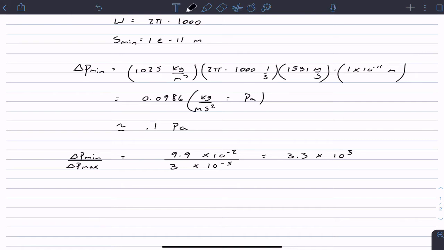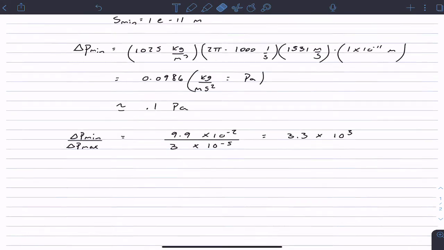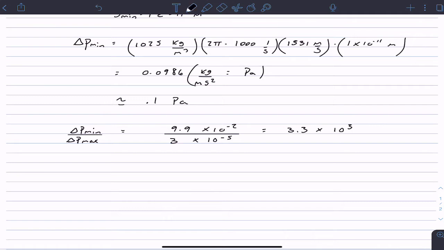So what we're being shown here is that the minimum pressure in ocean water is 3.3 times 10 to the 3 times louder than in air.